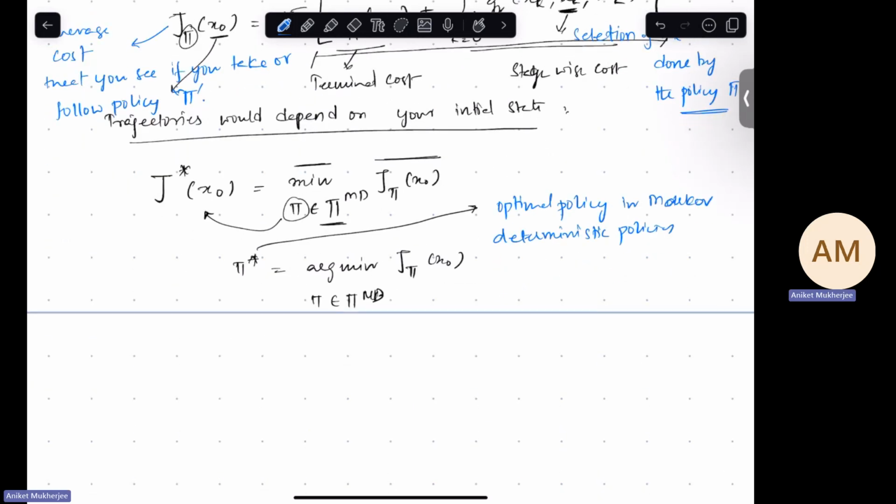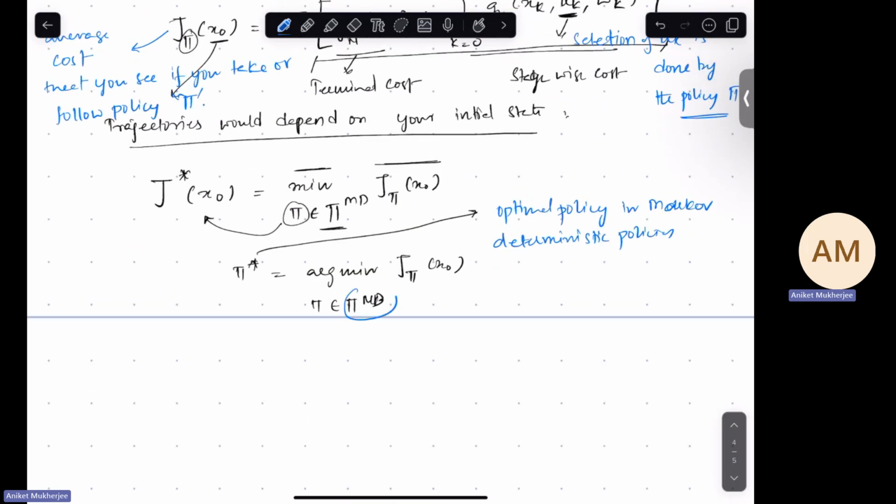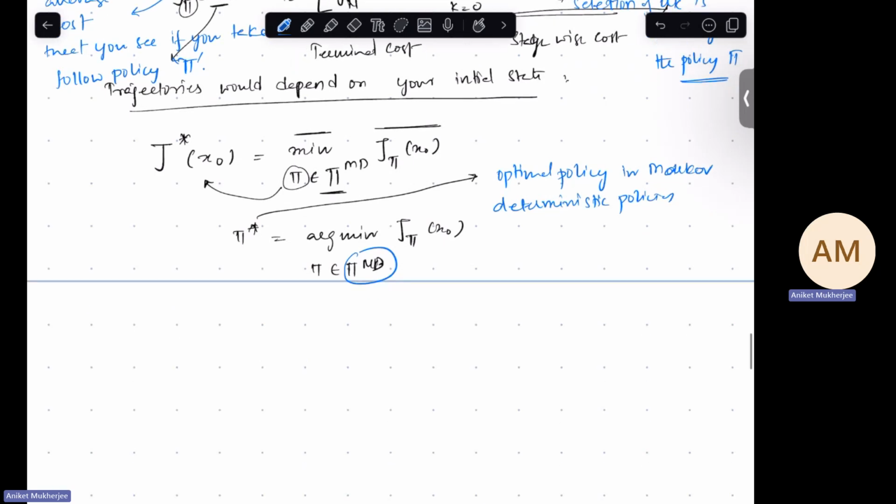Okay. So first we'll see how computationally hard it is to note down all the possible policies in Markov decisions. Suppose the cardinality of the state space is B, which is finite. This cardinality is the size of the state space. The cardinality of your action space is A, the number of actions at each time step.